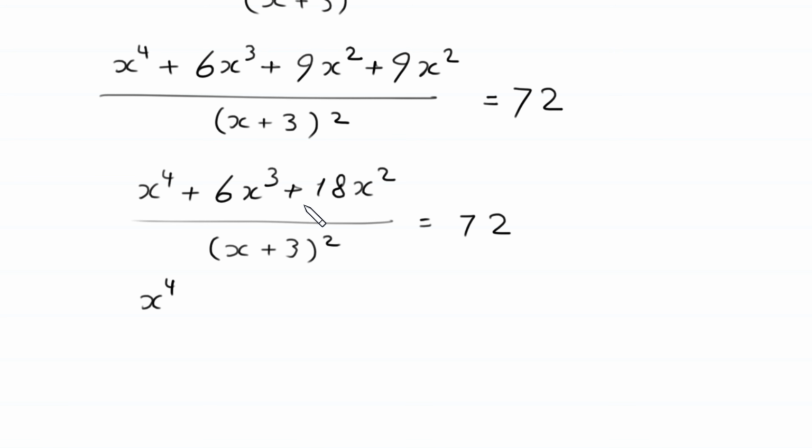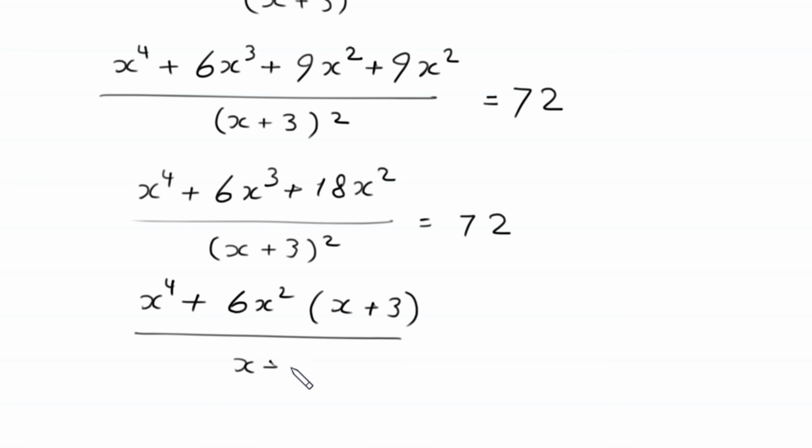Next, x to the power 4, from these two terms we can factor out plus 6x squared as common factor. In bracket left x plus 3, divided by (x plus 3) whole squared is equal to 72.